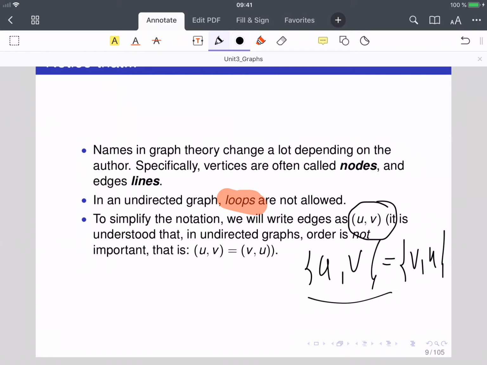But in the case of graphs which are undirected, we are going to say that UV is equal to VU. Okay, so there is no order between these elements that are connected. This is important to notice.